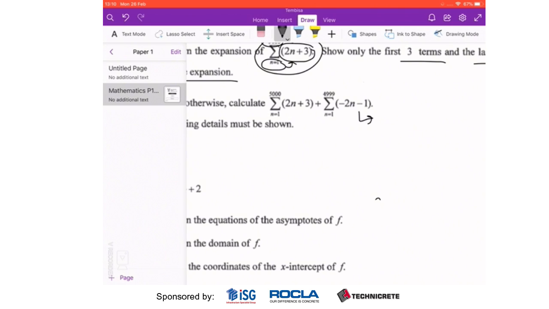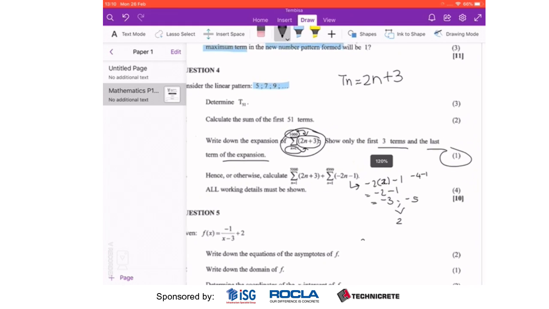Here we need negative 2 times 1, minus 1, so the first term is negative 3. We also need the difference, so the second term is negative 4 minus 1, which is negative 5.